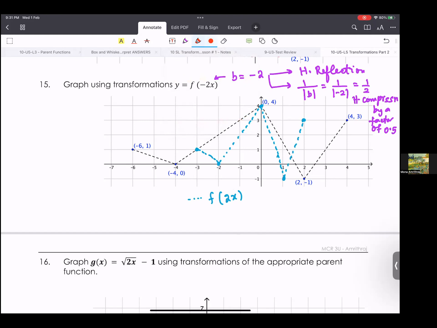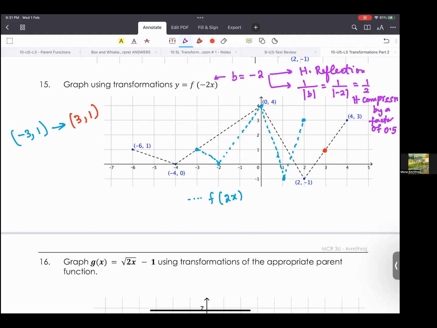So this point, which is -3, 1, is going to go horizontally reflect over there. So basically what I'm trying to say is that -3, 1 ends up becoming the new point, which is just going to be 3, 1.